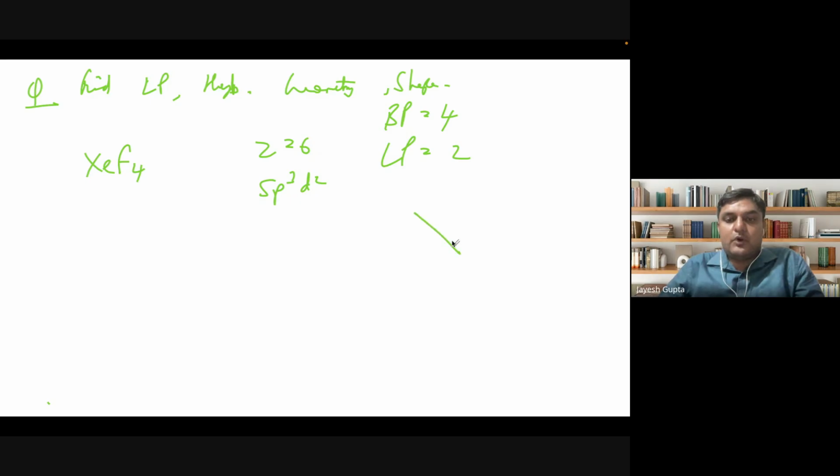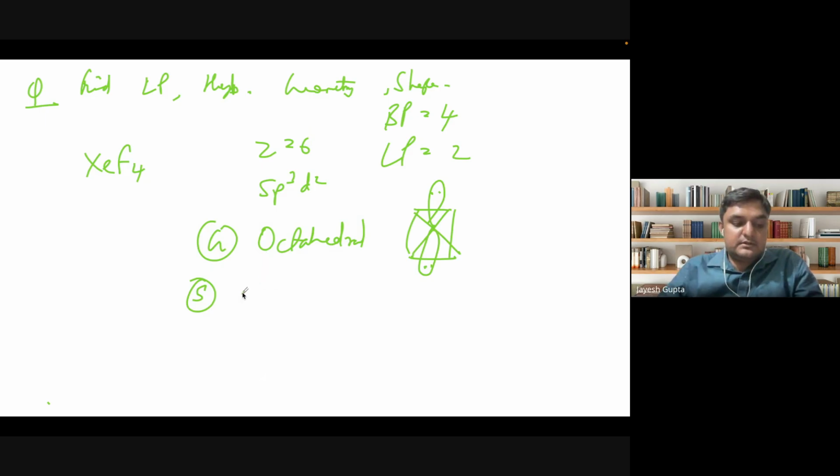Now with 4 bond pairs and 2 lone pairs, geometry will be octahedral only. But the shape, since lone pairs are not counted in shape, the only 4 valencies will be in one plane. So that will be square planar.